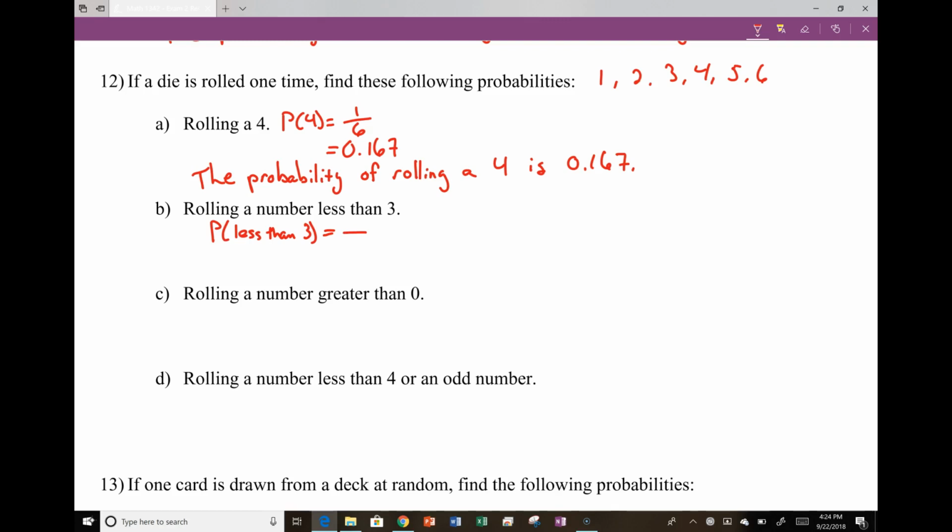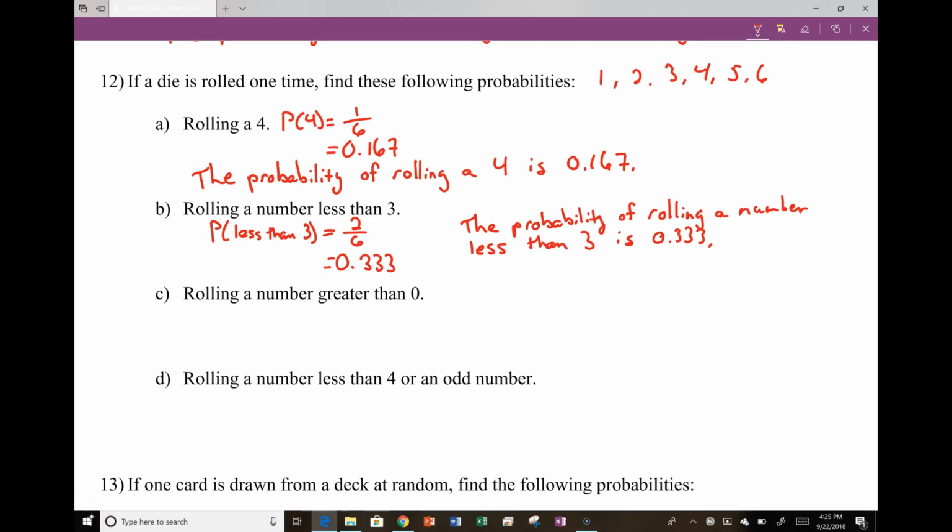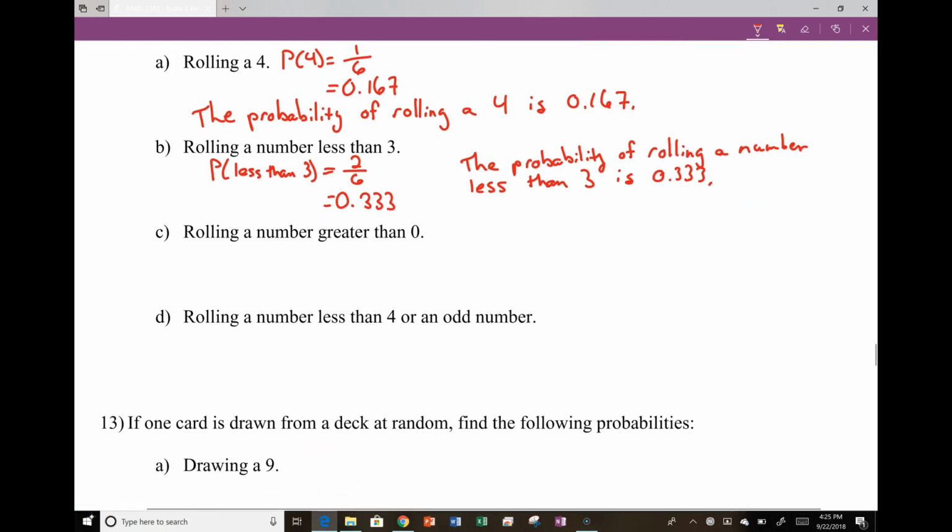We still have 6 possibilities, but the 1 and the 2, those are 2 possibilities that we actually are going to find. 2 divided by 6 is going to be 0.333. So the probability of rolling a number less than 3 is 0.333. Let's look at the probability of rolling a number greater than 0. So we want the probability greater than 0.